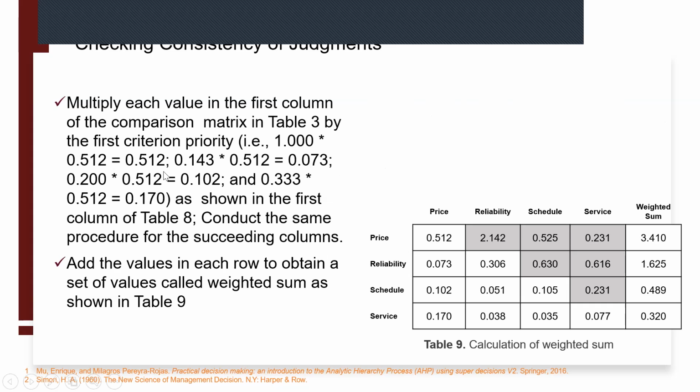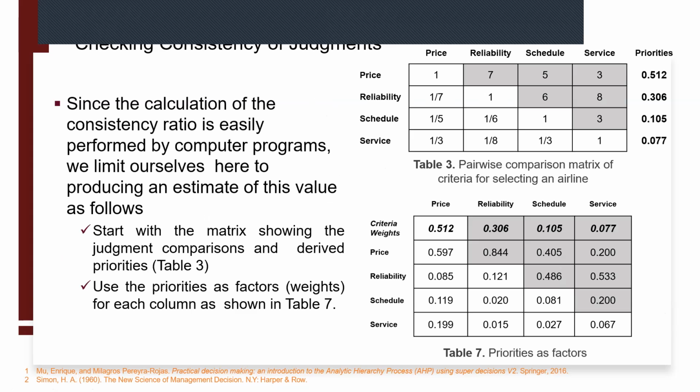So we multiply 1 by 0.512, and we have that value, 0.512. I just want to emphasize this: 0.512, we multiply it with the value on top. For each one of them we will use 0.512.